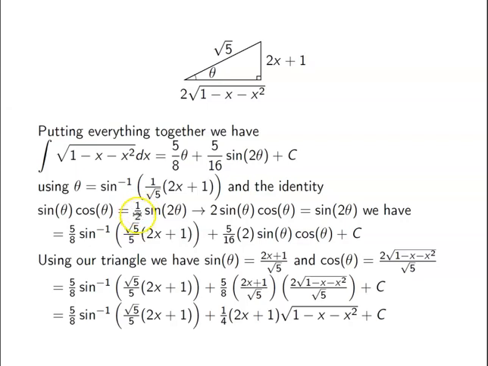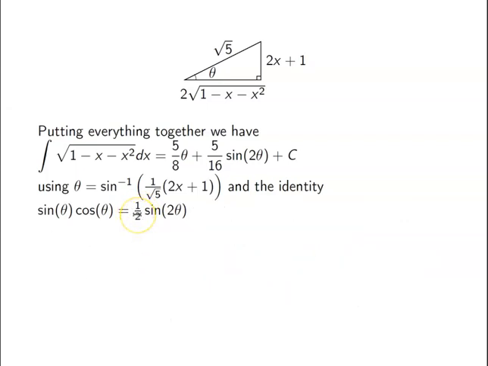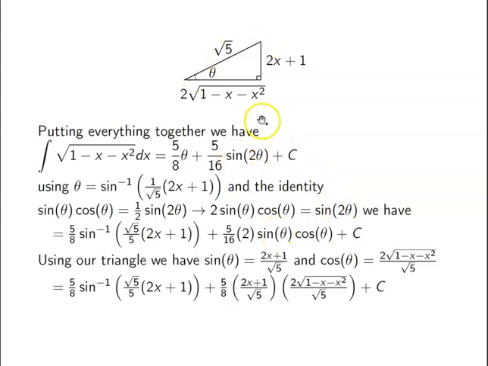So again, I had 1/2 sine 2 theta, but that doesn't really help me because in my answer I had sine of 2 theta. So what do I do? I make this 2 sine cosine, right? And then now I can just substitute that straight in, and then I used my triangle.